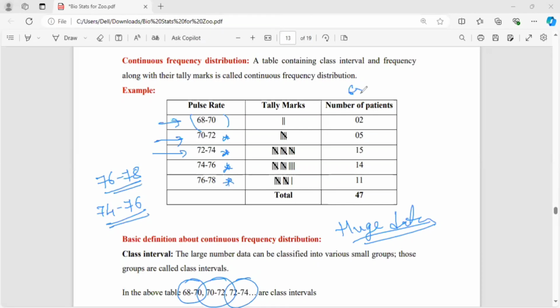It means that from 68 to 78, I divided the entire data into small groups. Those various small groups are called class intervals. I hope this definition of class interval is clear.